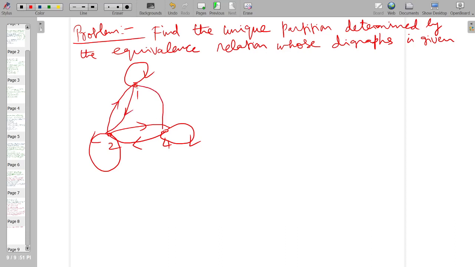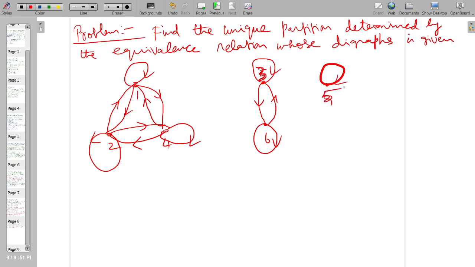Similarly 1 is related to 4, 4 is related to 1. And similarly I have 2 elements here, 3 and then 6. 3 is related to 6, 6 is related to 3. Sorry, not 5, this is 3. And then you have a separate element 5 which is related to 5. So this will be the graph.